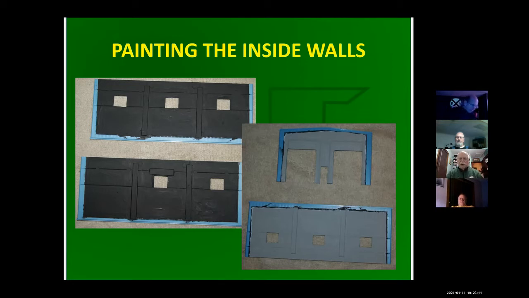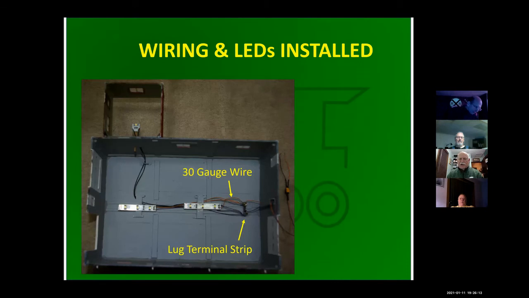Well, here we've got the walls up and center, and they're all painted. And here's the kit bash, and I put an office off the side. I had some leftover parts I could add to that. And here's what I've installed in there. I've used 3 of those light strips you see here. And I used one of those LEDs that's mounted on the PC board here, and this in the office.